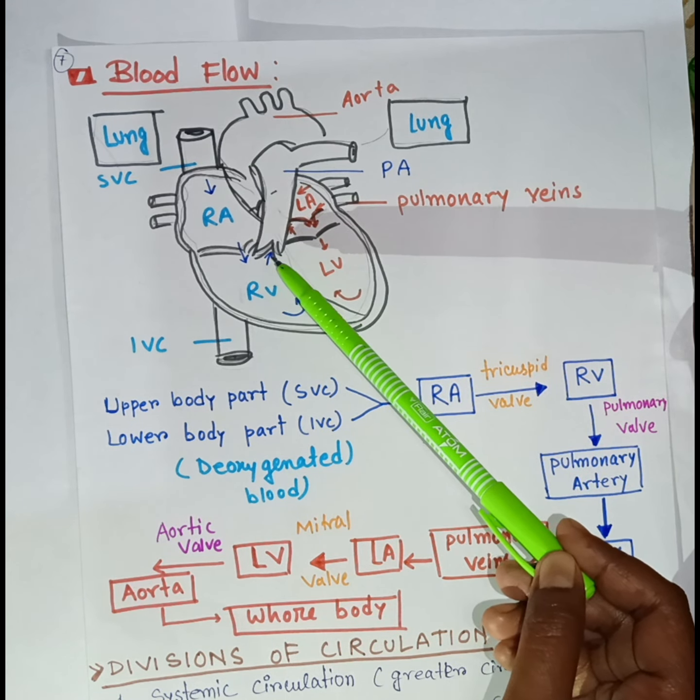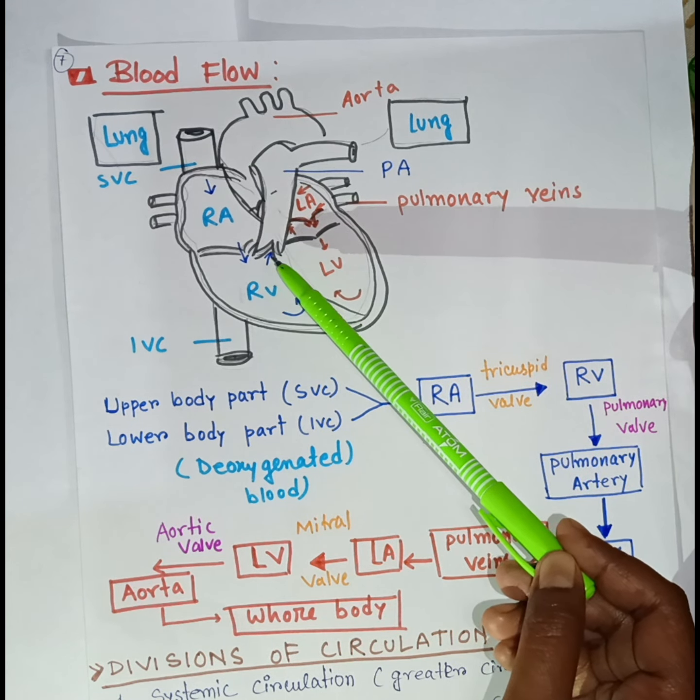There are 4 pulmonary veins, and this blood enters the left atrium. It is oxygenated blood, and oxygenated blood enters LV with the help of the mitral valve. This oxygenated blood enters the aorta or our systemic circulation.